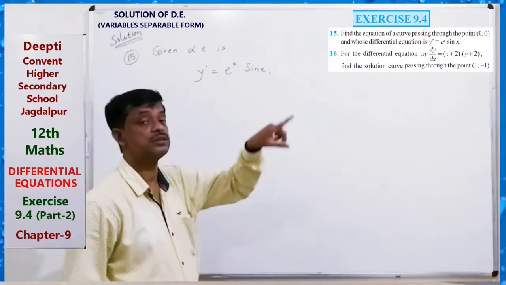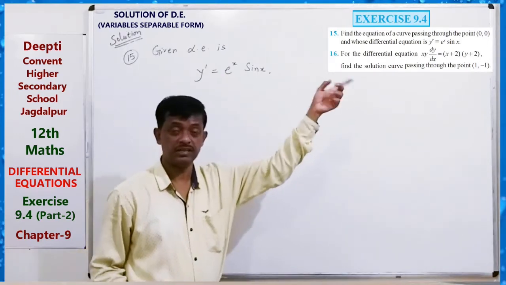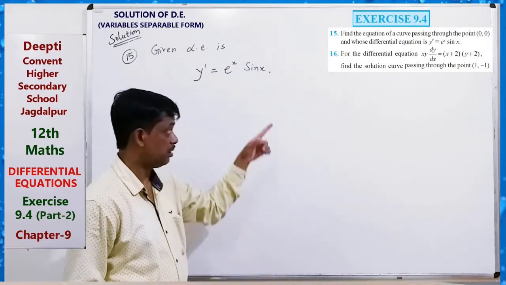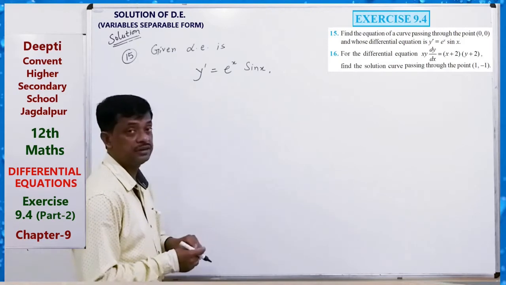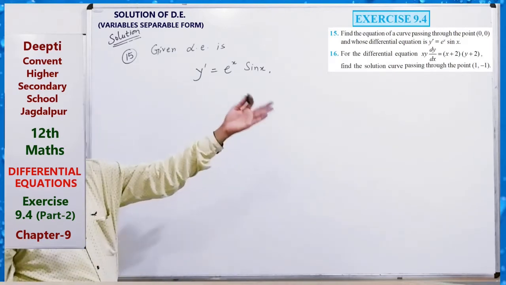Its solution is the family of curves, and that curve passes through that point, so after putting x equals 0, y equals 0, we can get the constant.